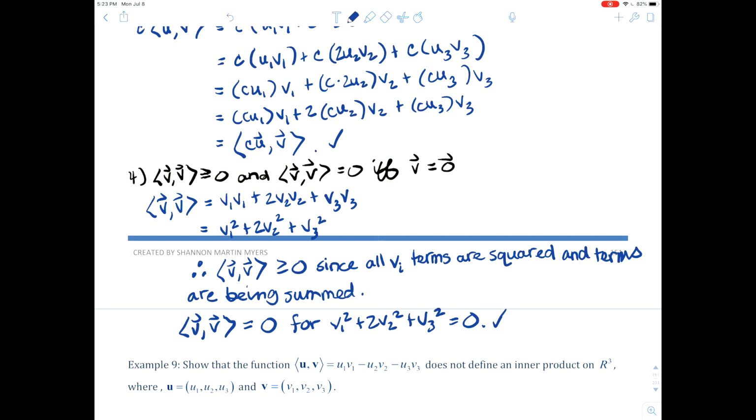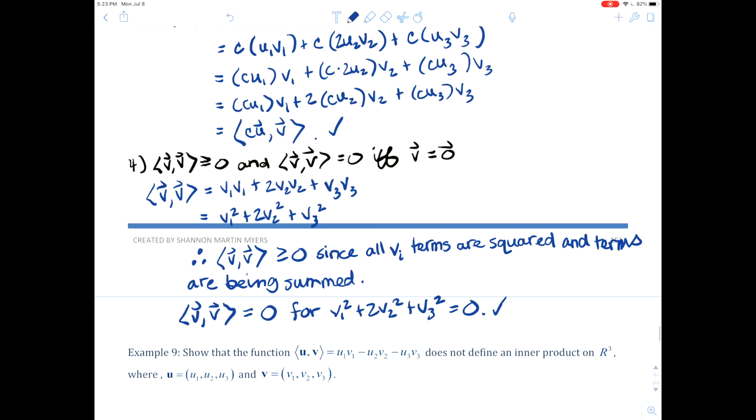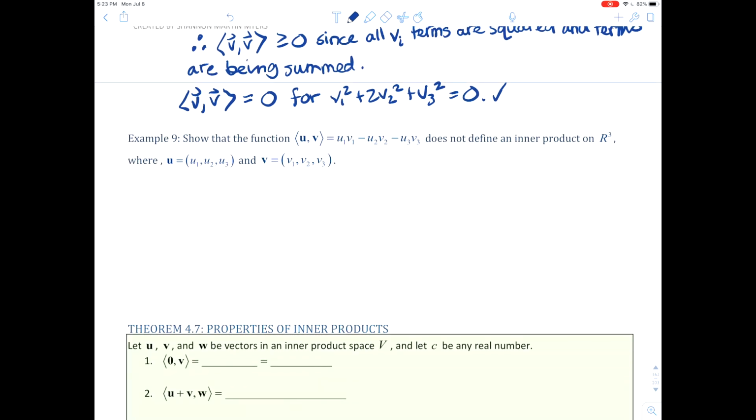All right. So here, let's look at some examples of some real interesting inner products. Show that the function, the inner product of u and v equal to u1v1 minus u2v2 minus u3v3, does not define an inner product on R3, where u equals u1, u2, u3 and v equals v1, v2, v3. You have to sort of think about what's going to fail.